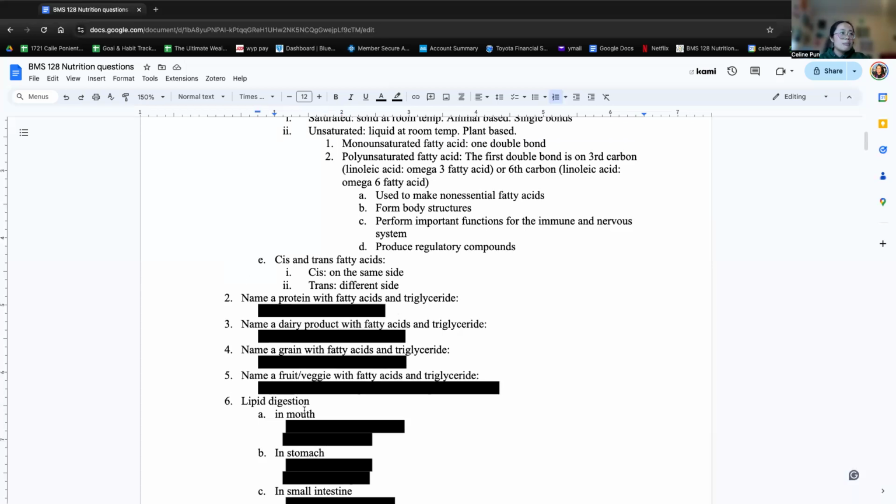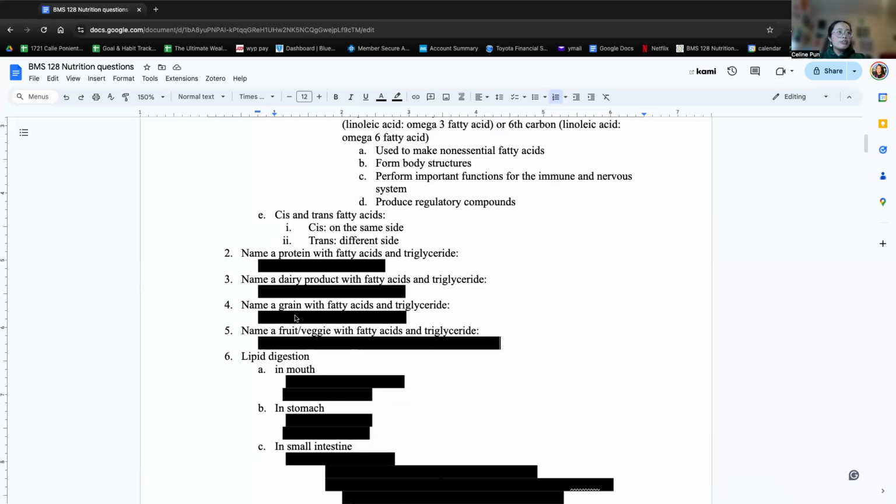So, do you have any examples of a protein or a dairy product, a grain or fruit and vegetables with fatty acids and triglycerides? I guess avocado, it's healthy, but it has a lot of fat, right? Yeah, avocado. Do you mean an example from the vegetables or everything? Give me an example of each category.